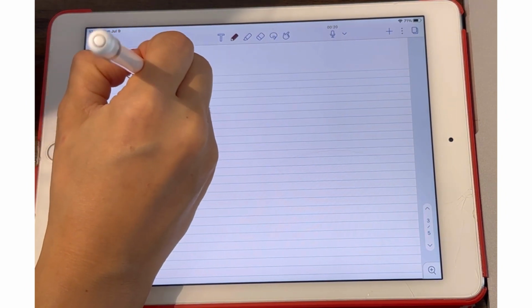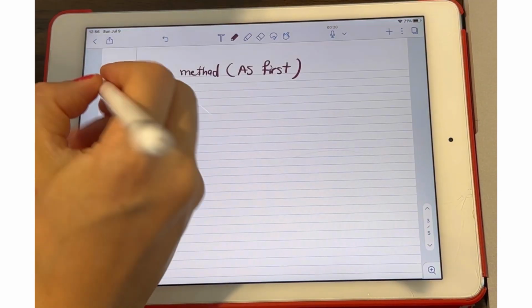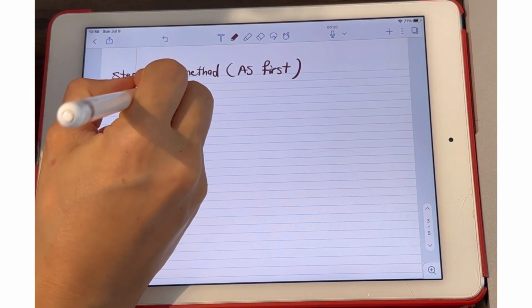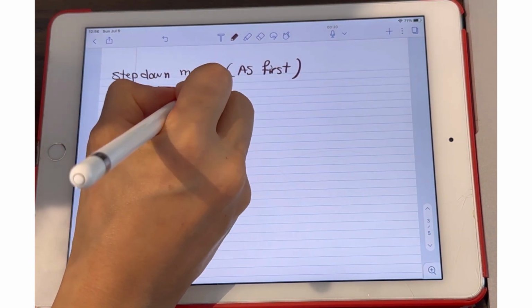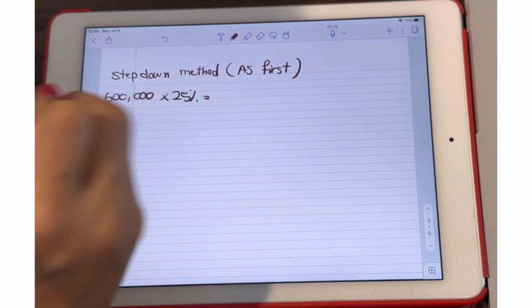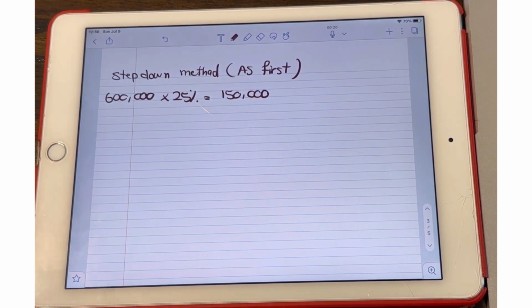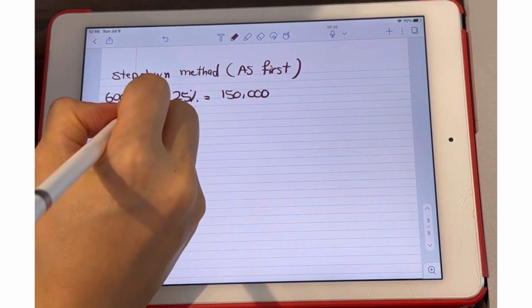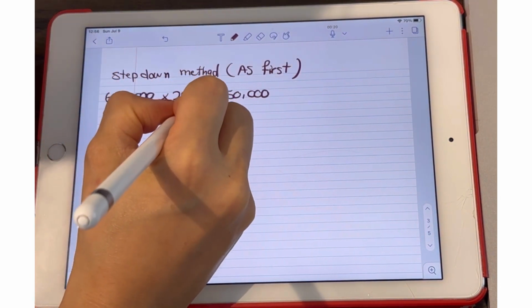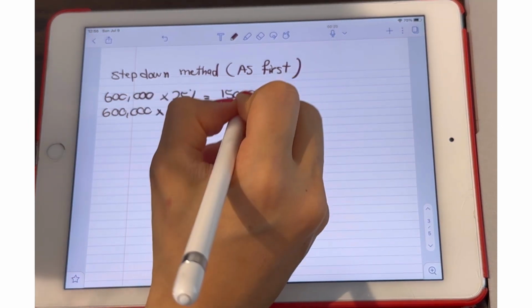The second method is the step-down method, allocating AS first. So for this method, we need to use 100% of support work supplied by AS. So we need to write down $600,000 multiplied by 25%, then 40%, and then 35%, which gives us 100% of all AS support cost.